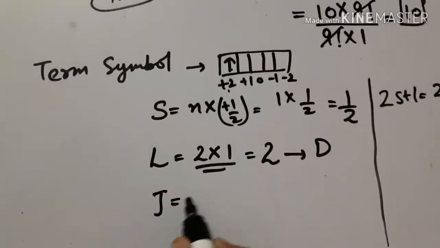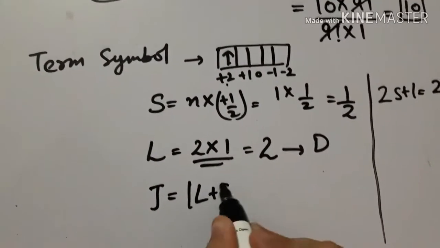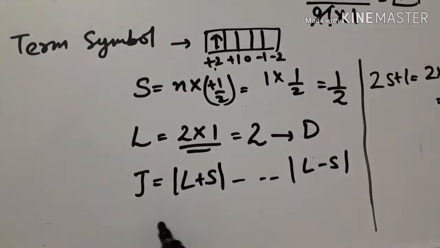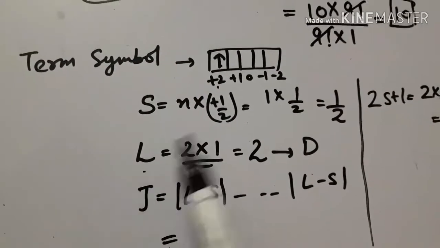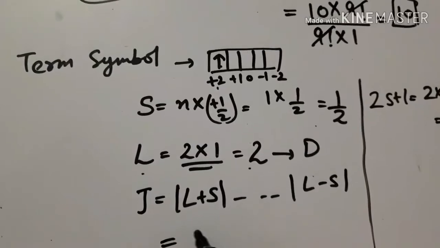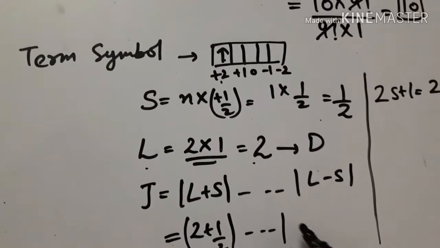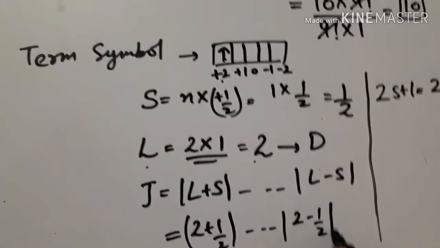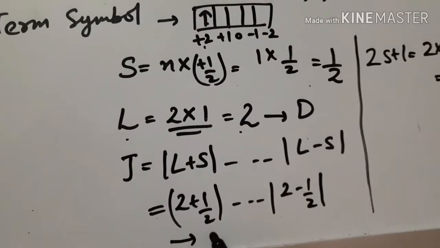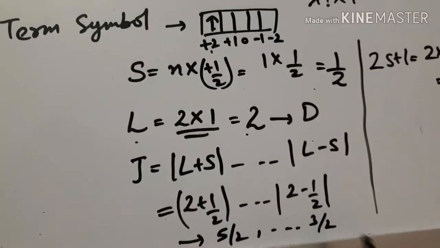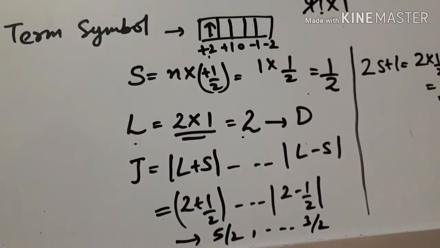So L is 2 for D, as we have discussed earlier. Now J equals modulus of L plus S to L minus S. Here L plus S, 2 plus half, to L minus S, that is 2 minus 1 by 2. This is 5 by 2 to 3 by 2. Alright.